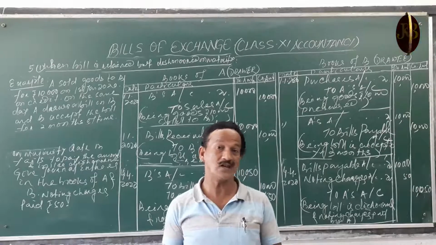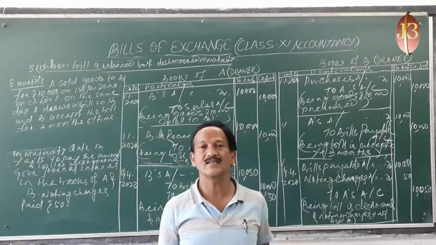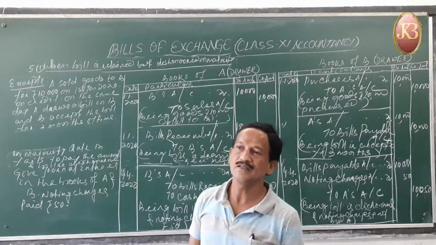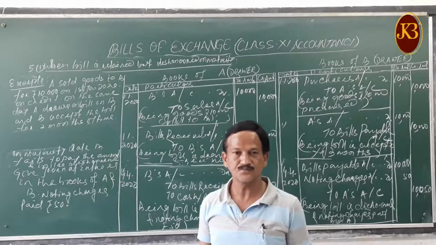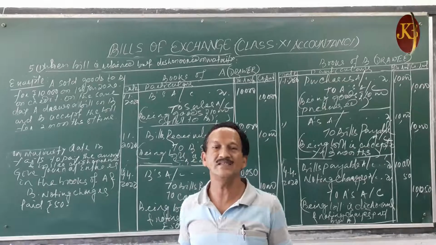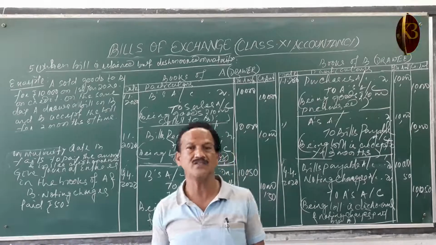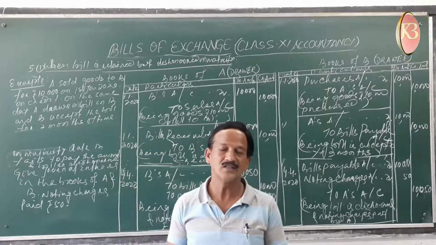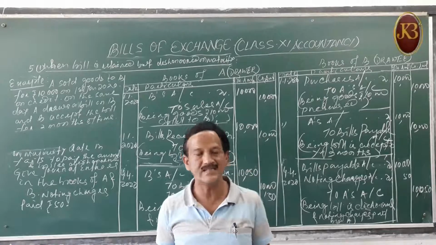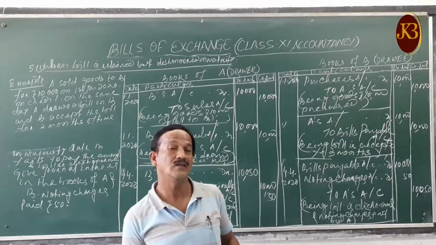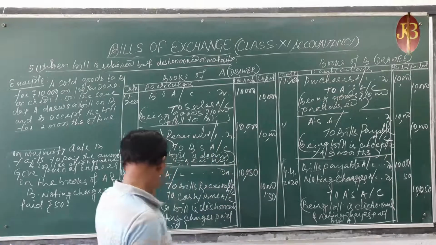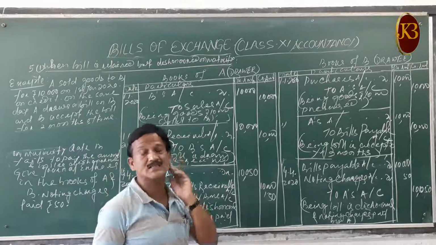The bill will not be dishonored just like that. A will take the necessary steps to dishonor the bill. A will take the bill to the notary public for noting and making the dishonor. The notary public is a government official, a state or central government official, a lawyer who notes the bill and certifies that the bill is dishonored. For that he will charge some fees, which are called noting charges.